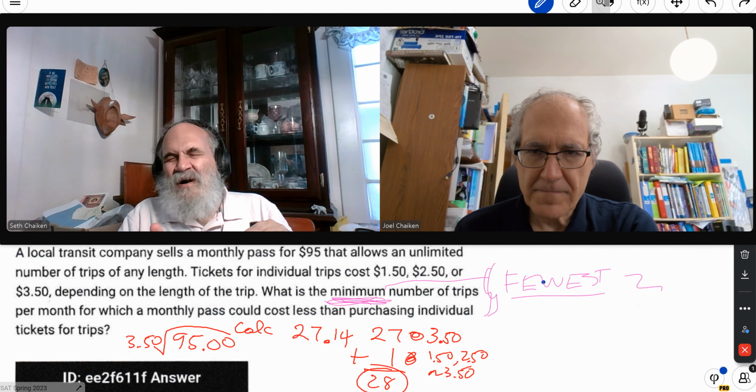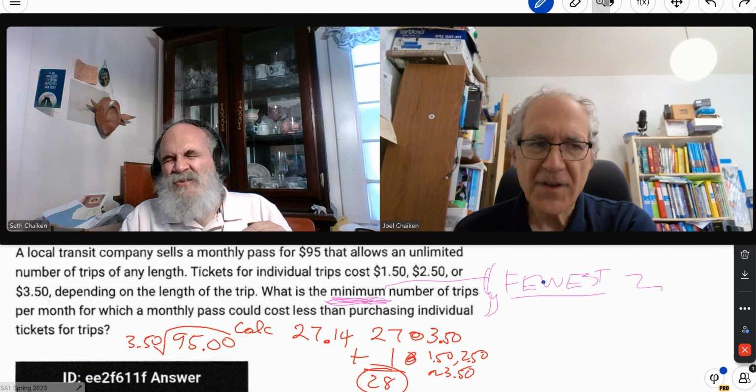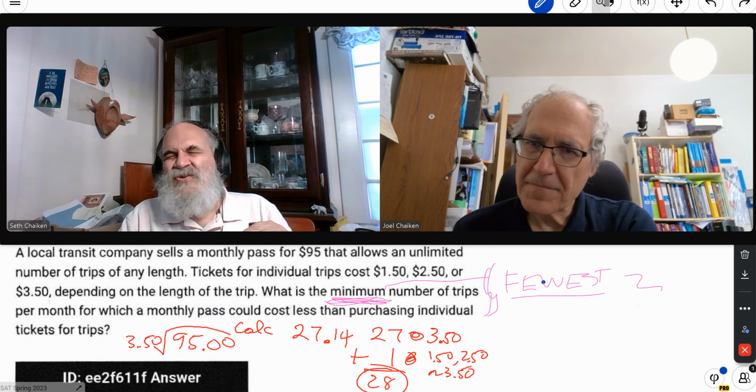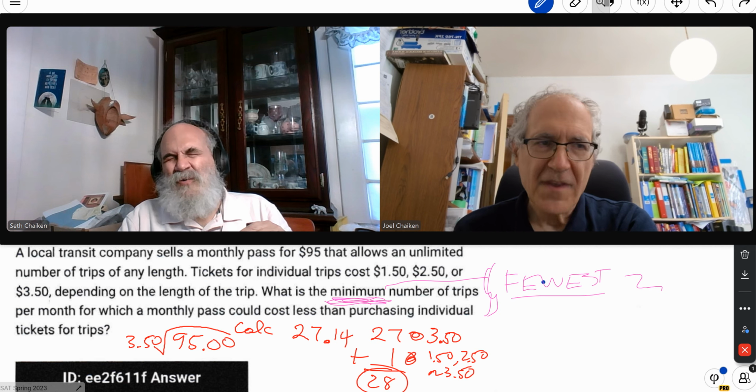If it's an integer plus a fraction, then the number you need to give is 1 plus the integer portion. In other words, the quotient must be rounded up to get the answer.